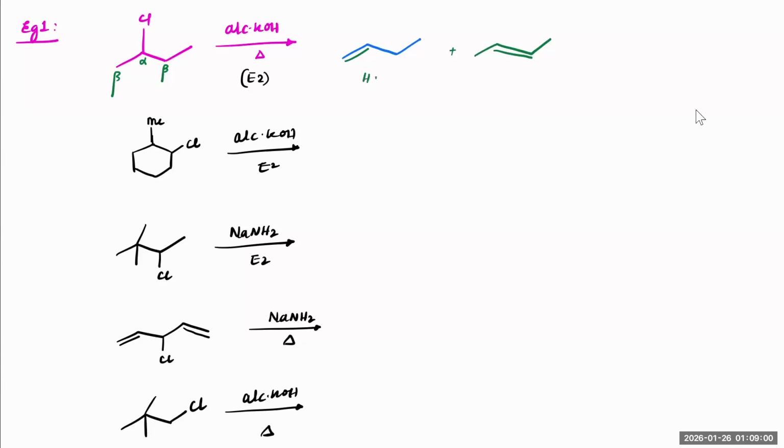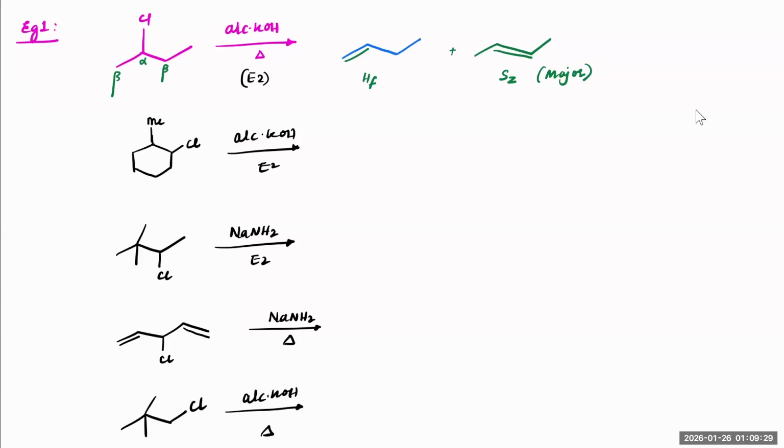And I'm sure you do understand that this is the Hofmann product and this is the Saytzeff product. Usually, if your reactant and product do not have any complications, such as bigger charge or bigger size, then in simple terms we can always say Saytzeff is the more stable and major product. Saytzeff is the major product.